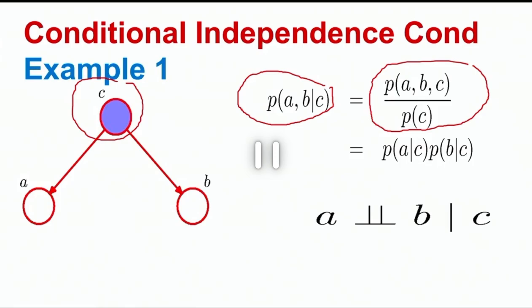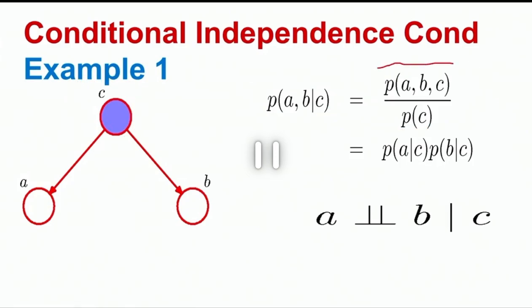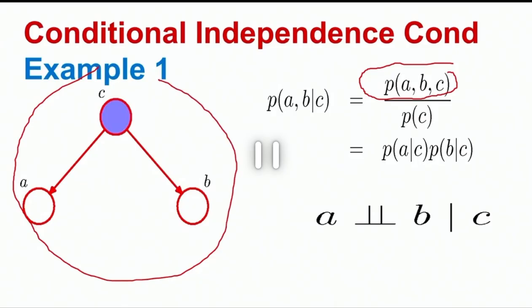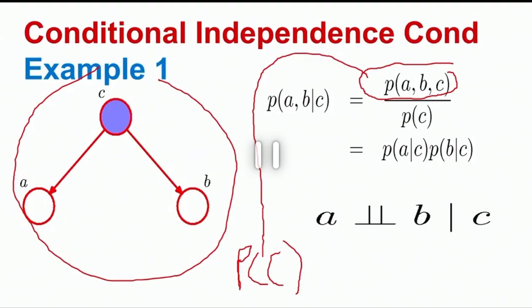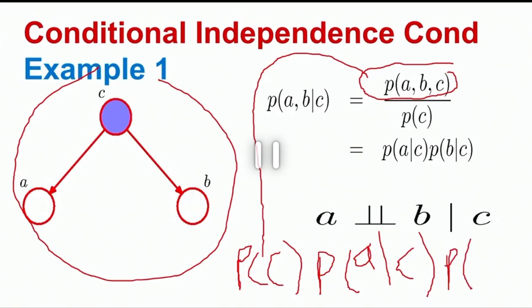I'm going to get that from the network. I'm going to factorize it as the probability of C, since C is a parent, multiplied by the probability of A given C, then multiplied by the probability of B given C. Take a look at that. Now, we replace this here.